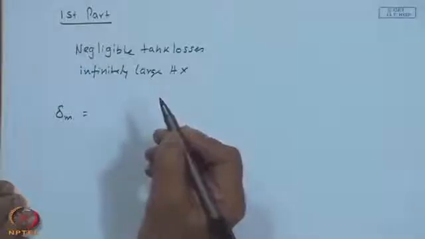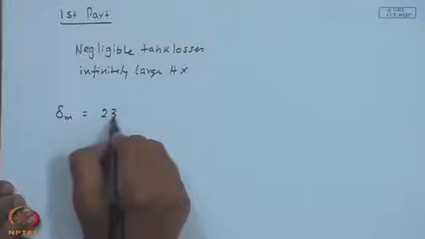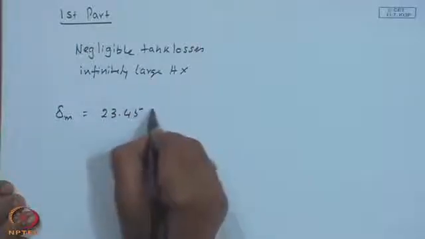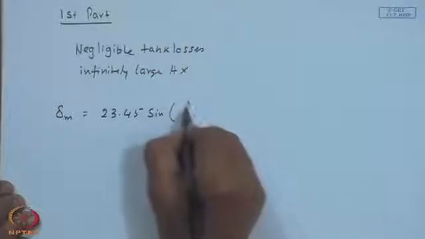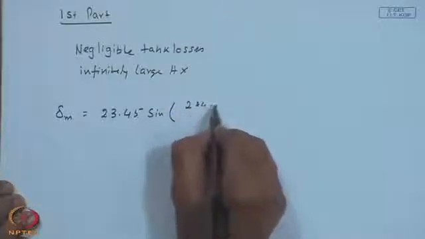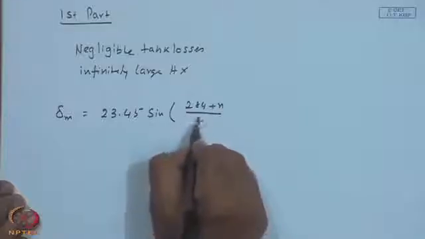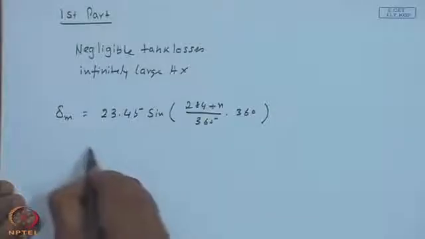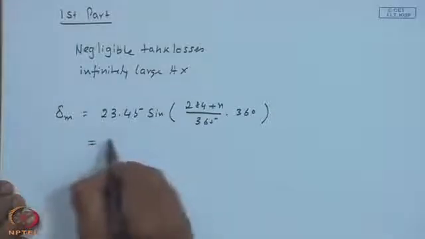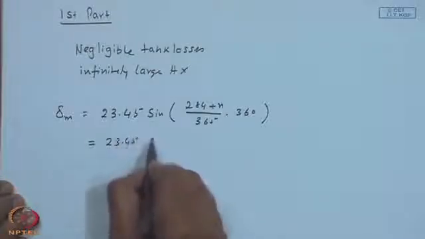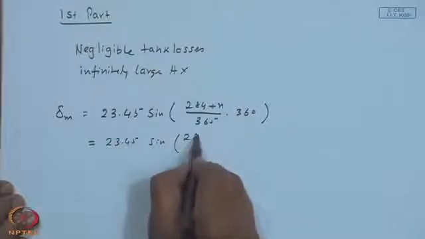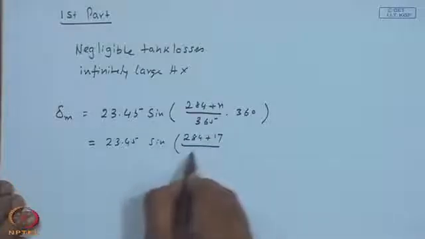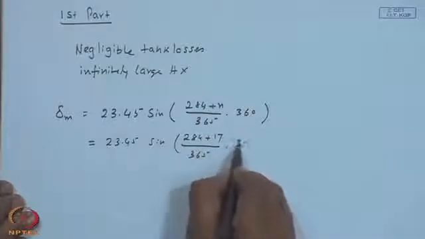First, we need the mean declination. This is almost one of the very first relations we have written: 23.45 times sine of 284 plus n by 365 into 360, which equals 23.45 times sine of 284 plus 17 by 365 into 360.